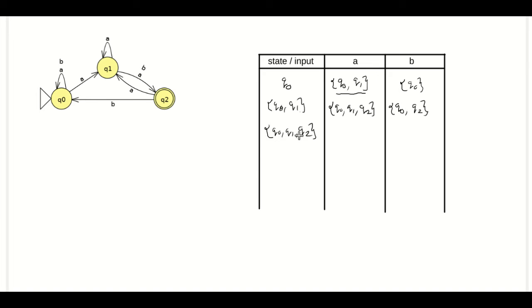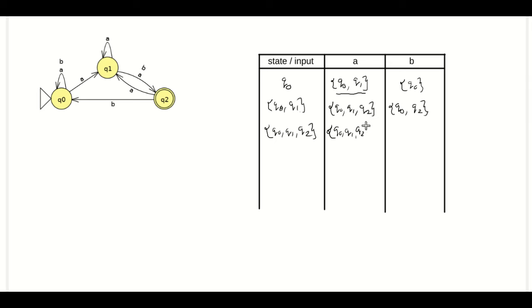Now we find out the transition for the state Q0 Q1 Q2. For Q0 Q1 on A, we already know the transition state is Q0 Q1 Q2. Now the remaining is Q2. Q2 on A is going back to Q1, so there is no need to write Q1 again.